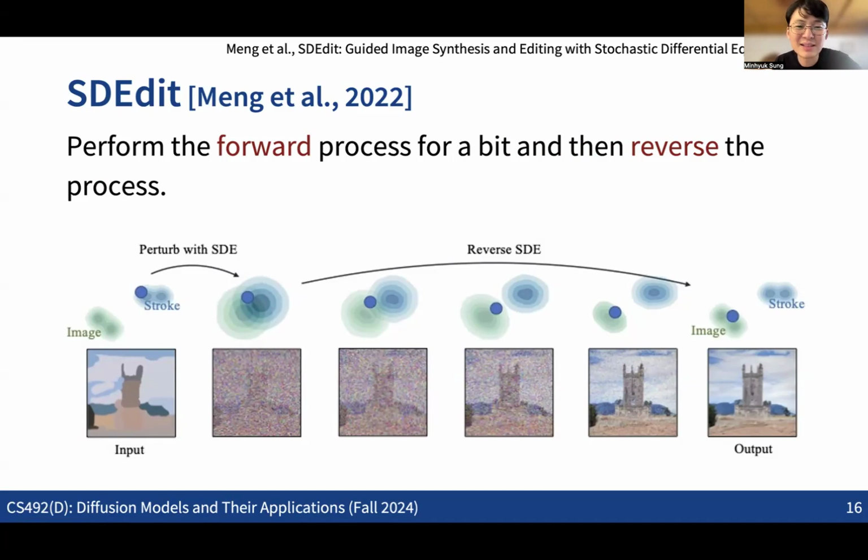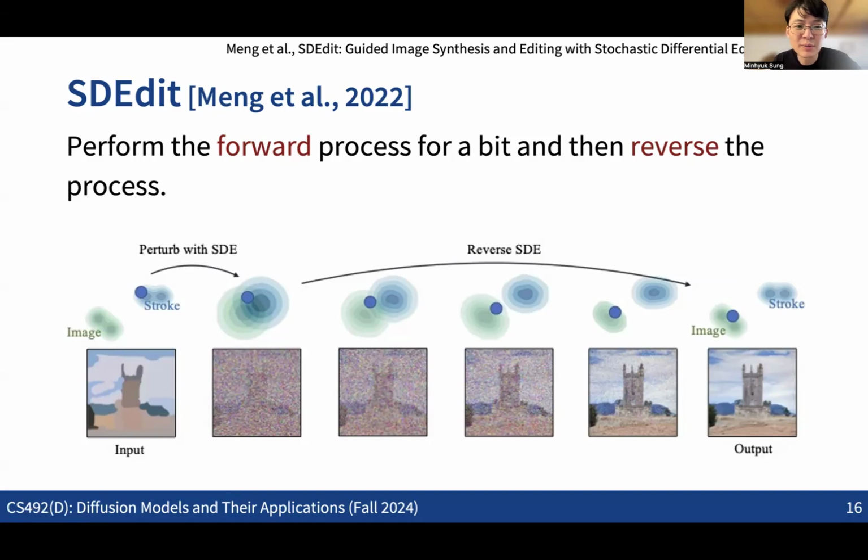And here the simple idea, without any theory for that, is that we can consider adding some noise into the realistic images, and then mapping this back to realistic images by running the reverse process.